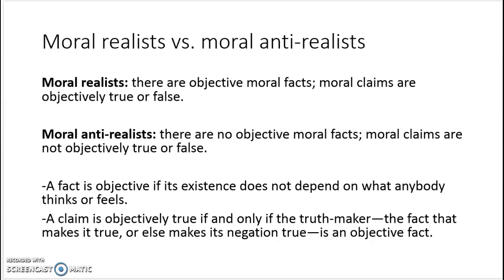Or else the moon's really not out there, and that would make my claim objectively false. Okay, so claims are objectively true or false if they correspond to objective facts. That's the idea. And so the moral realists are saying, yes, our moral claims are objectively true or false. They either correspond to objective facts or they don't. And the moral anti-realists are saying, no, there's no objective moral facts out there for our claims to correspond with.